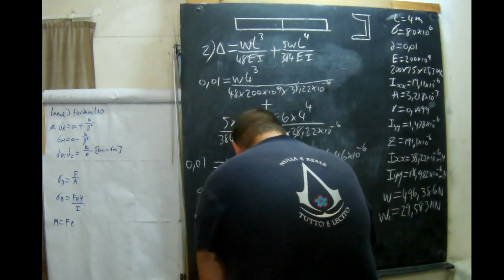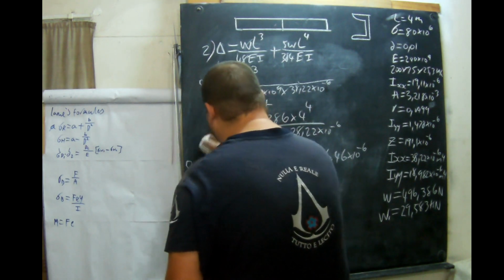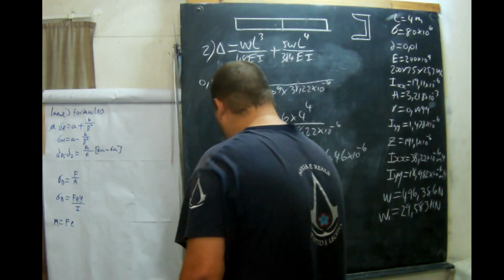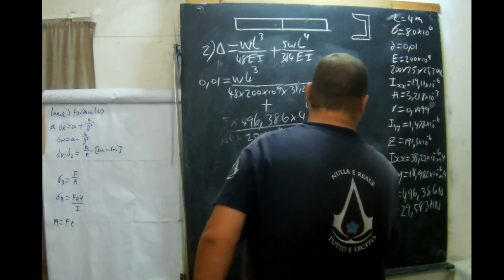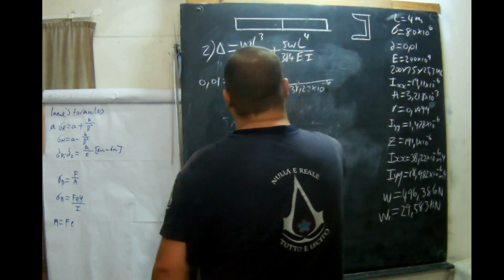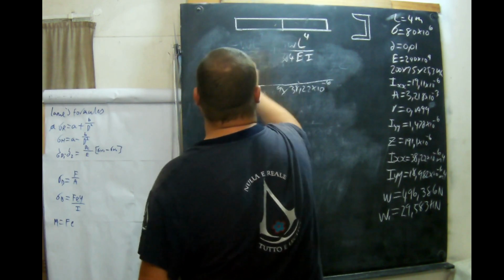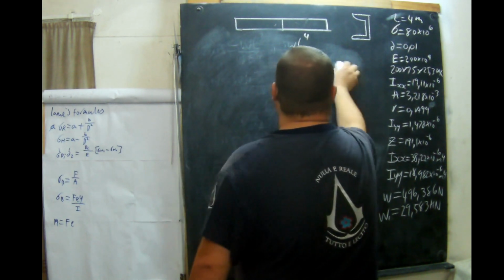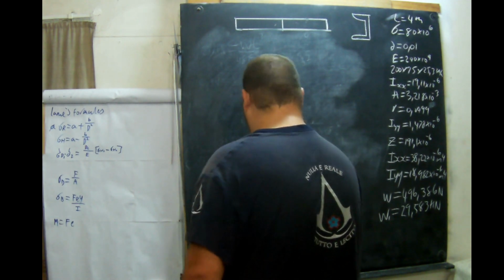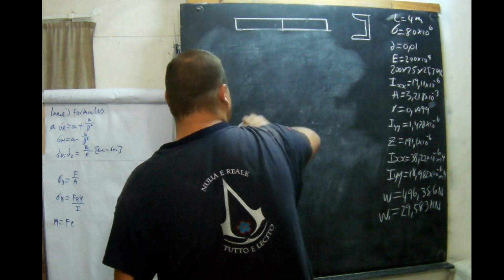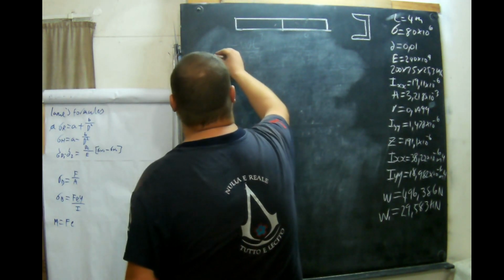Okay. Now they want the actual stress and deflection in the beam for this load. So now we're going to take the actual stress in the beam, which is quite simple. You don't have to do a whole long sum, you don't have to do a whole lot of equations or anything like that.